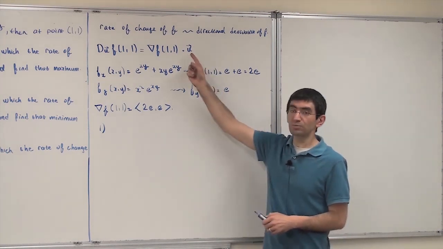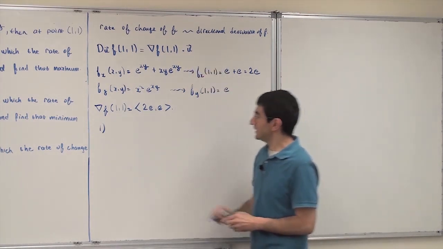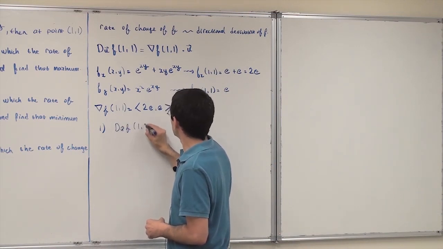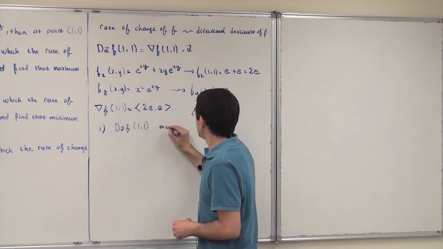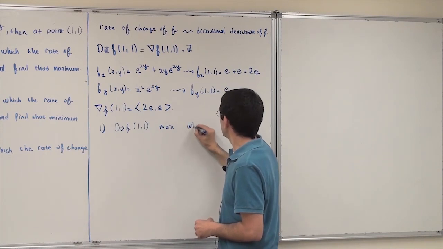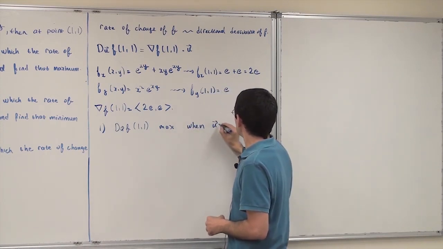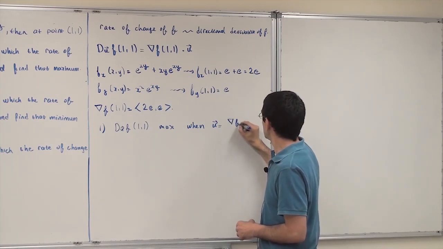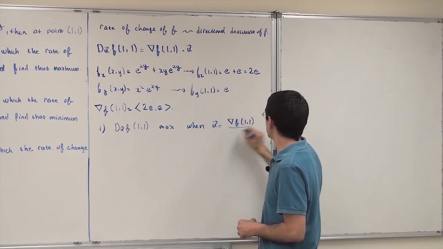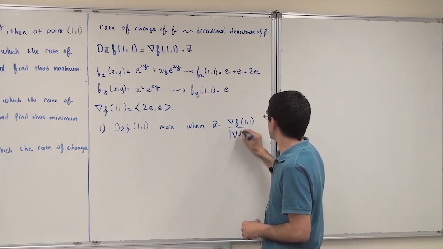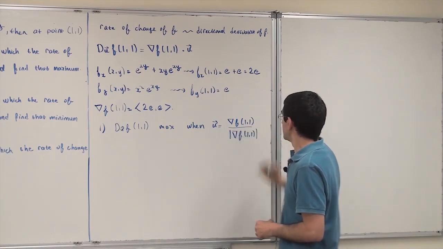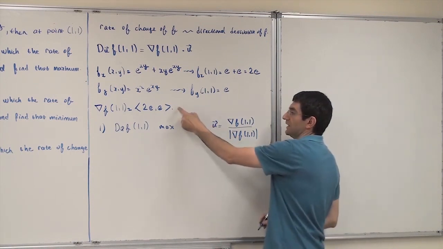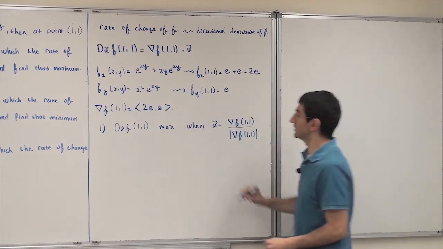Now, in the properties, we have seen that the directional derivative gets its maximum value when u is the unit vector in the direction of the gradient vector. So, to be able to find this, all we have to find is the magnitude of this gradient vector.